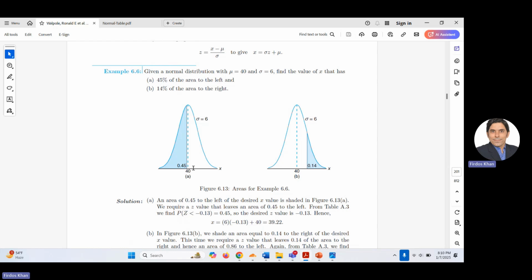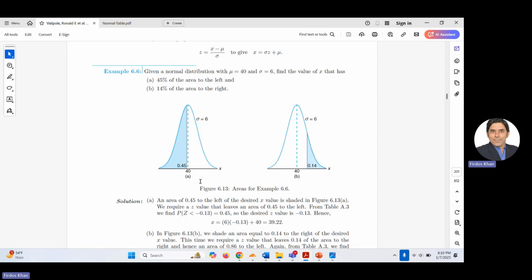So there are two cases: the first is 45% of the area to the left, and the second is 14% of the area to the right. We need to find the value of z first, and then convert that to the value of x. So let's start from the first, 45% of the area.